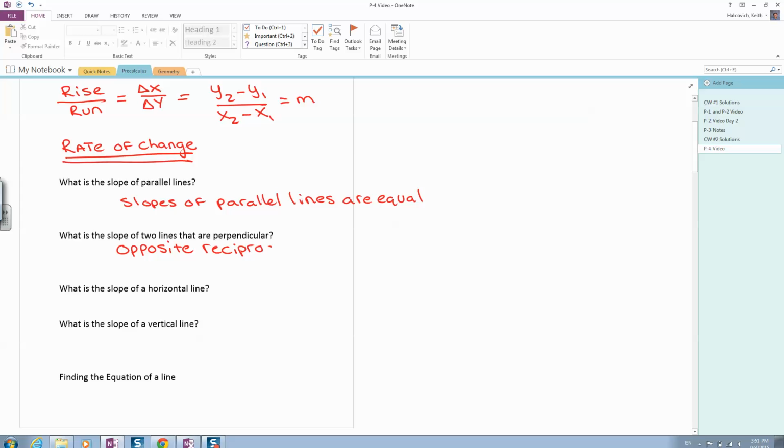And what I mean by opposite reciprocals is, if one is 1/2, then the opposite reciprocal, the perpendicular slope, is equal to -2, because you flip it and put the opposite sign. A horizontal line has a slope of 0. A vertical line is undefined.